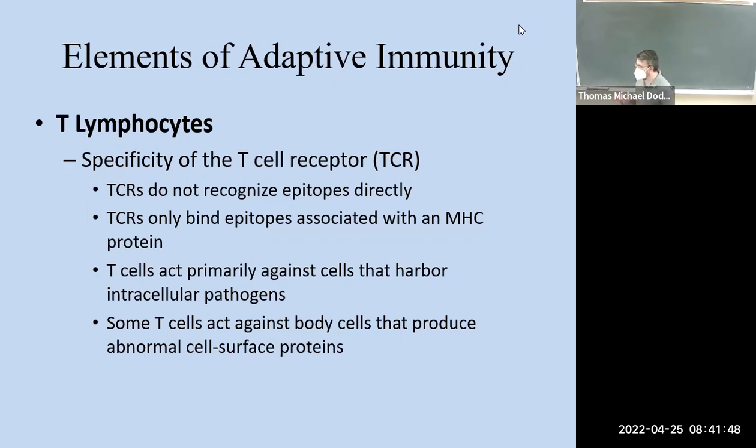Okay, so a difference between B cells and T cells, you know how B cells had that Y-shaped thing and they directly attach. T cells don't do that. They don't recognize those epitopes, those different shapes on the foreign invader directly. They bind to an extra protein.